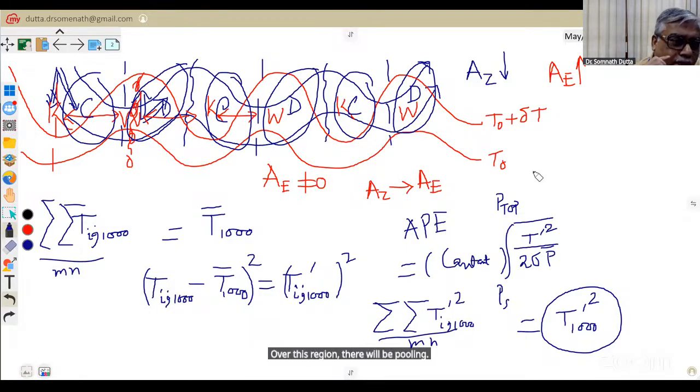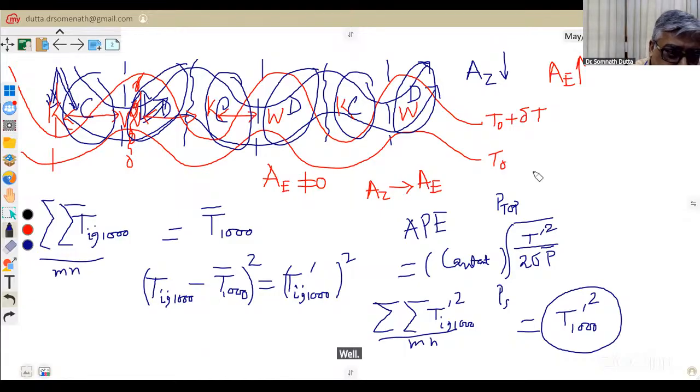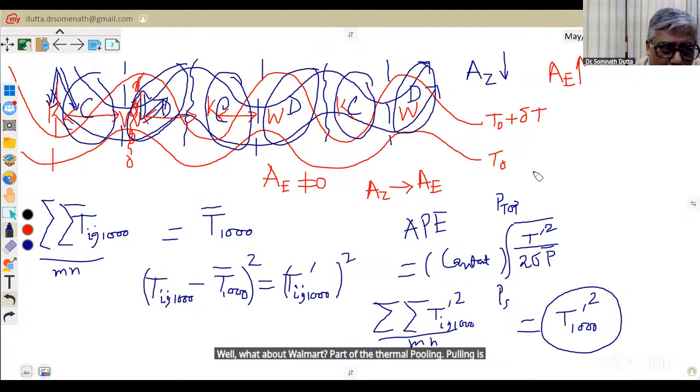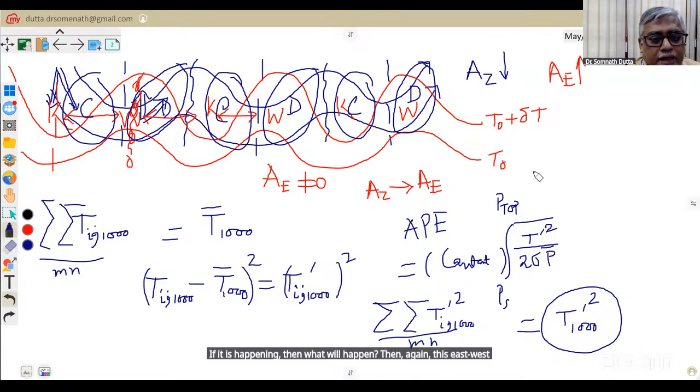So now, interestingly, we can see cooling is taking place over the warmer part of the thermal wave. So if that is happening, then what will happen? Then this east-west temperature gradient will be reduced.